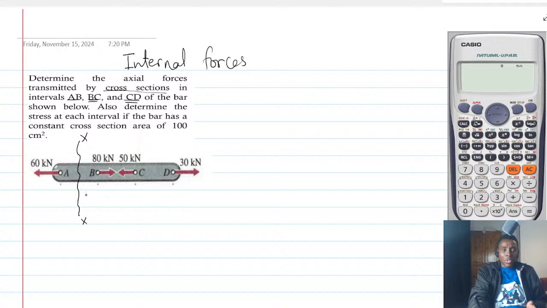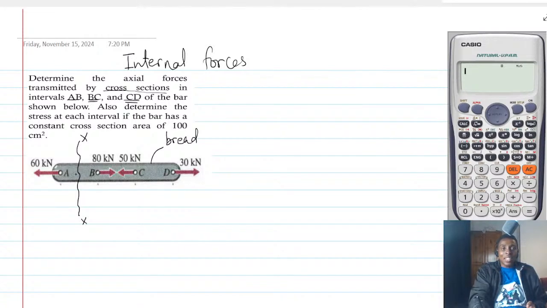Now, if you introduce a section or a cut, let's think about it this way. Let's say you have bread. Assuming this was to be some bread, and then you divided the bread into two, what are you going to see?